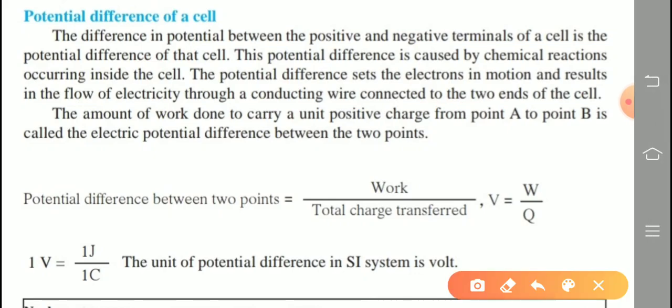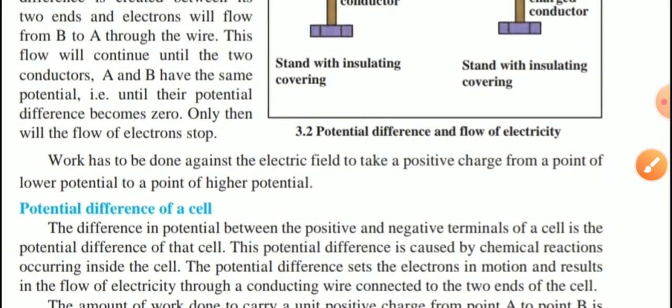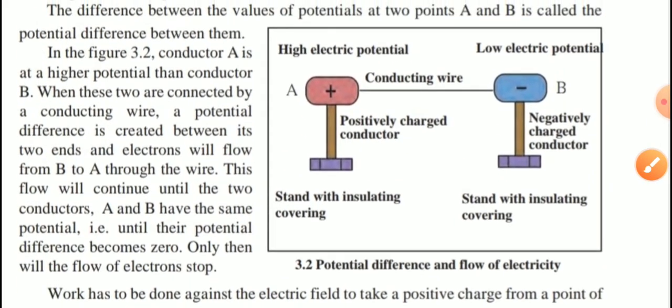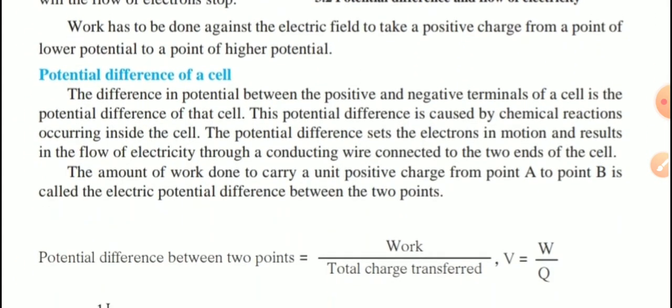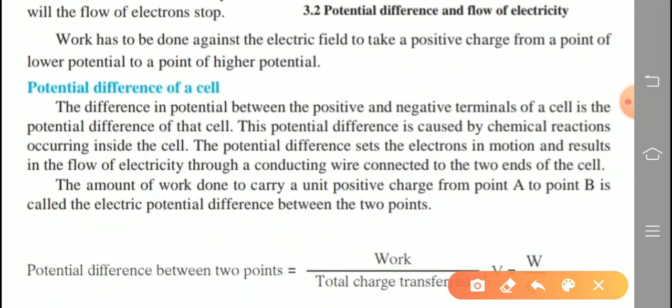So next point is given for us. You mark that electric potential difference. Define what is electric potential difference. The amount of work done to carry a unit positive charge from, we are making the correction here, from point A means what? Check in that figure. Point A means high electric potential. So we are making the correction. We are not writing this.